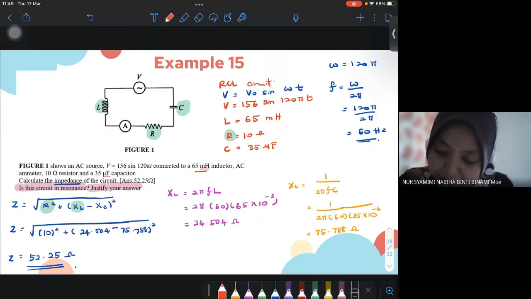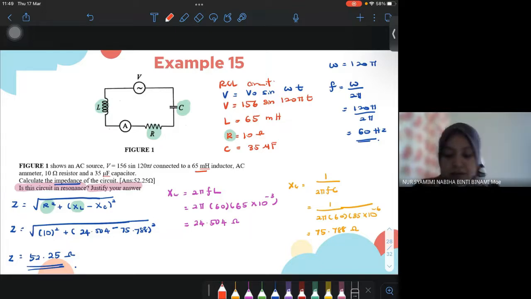Apakah syarat resonance? Syarat pertama resonance ialah bila Z minimum is equals to R, dan syarat yang kedua ialah nilai XL sama dengan nilai XC.